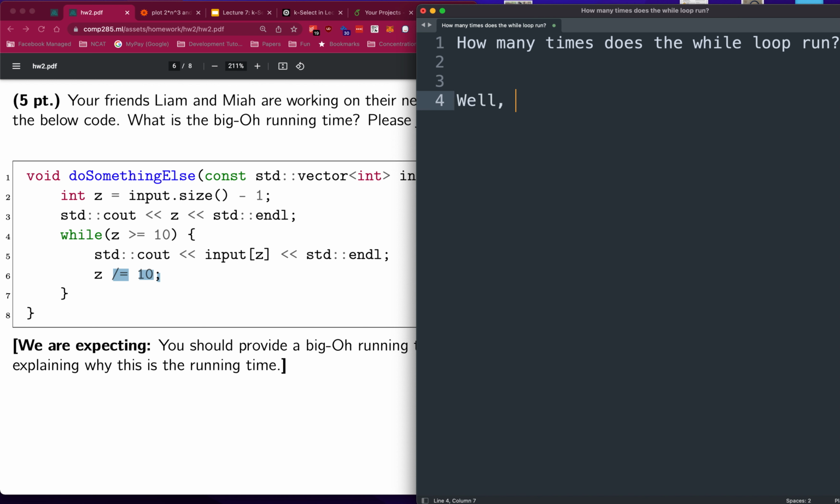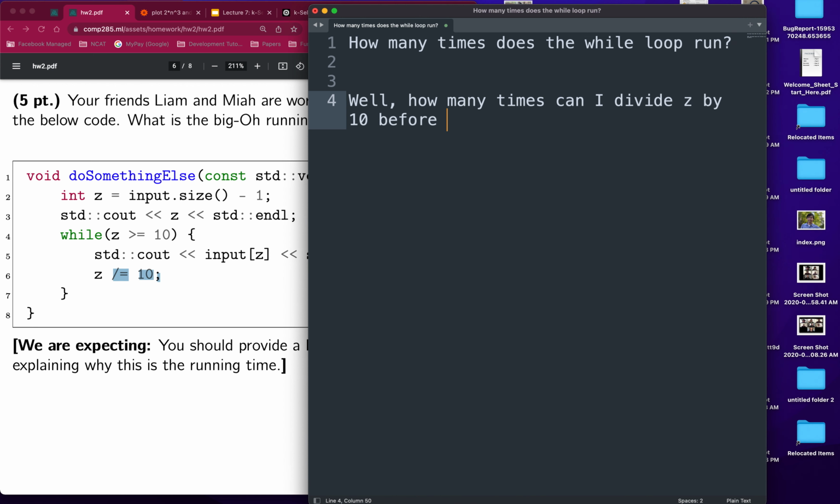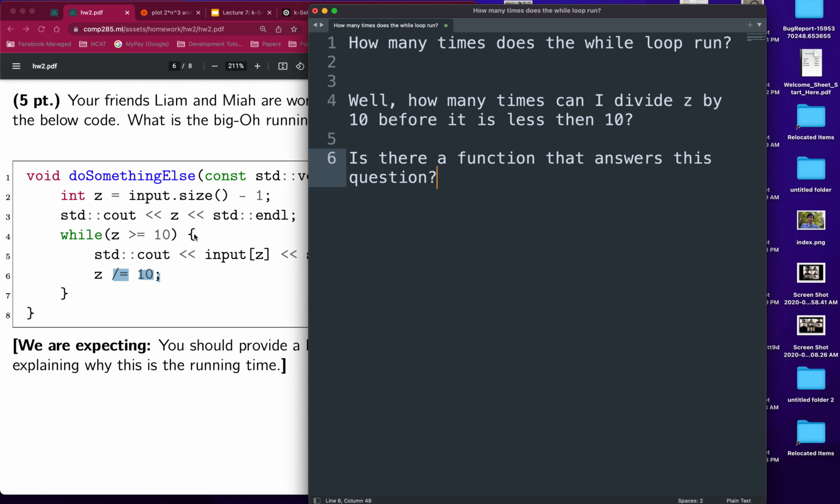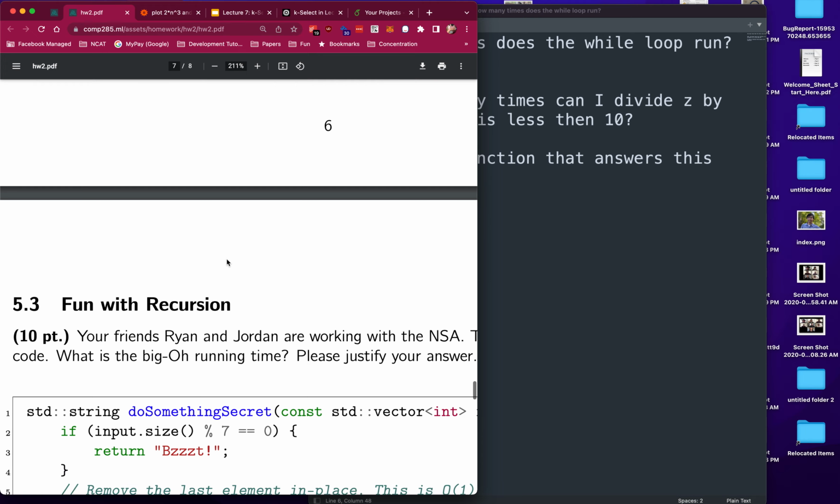Well, how many times can I divide z by 10 before it is less than 10? Is there a function that answers this question? That's my hint for this one.